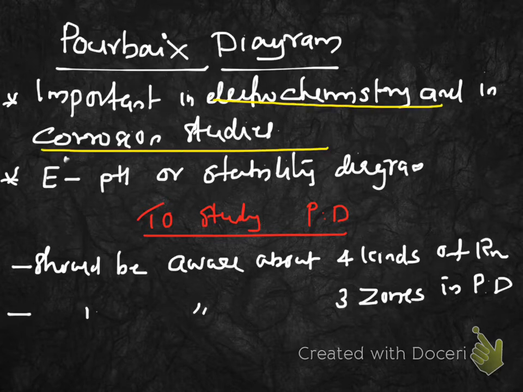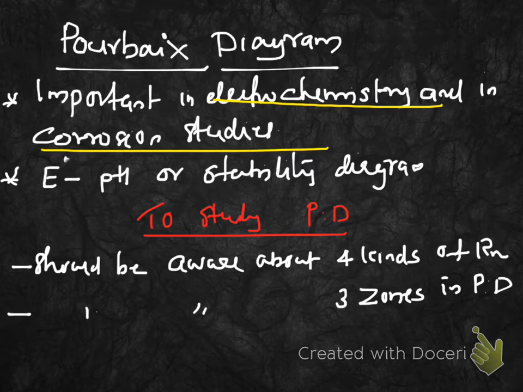While analyzing the corrosion of a particular metal with respect to various environment, means with varying pH, you have to correlate that pH with variation in the electrode potential of that particular element or various species of that element.